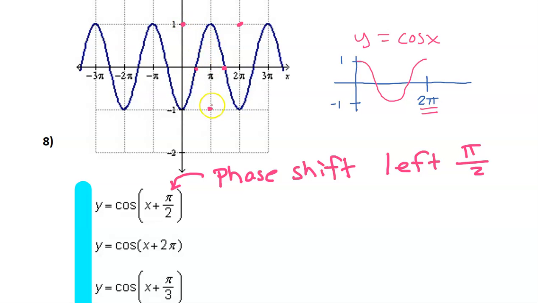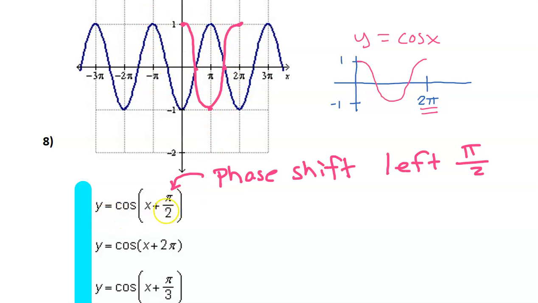It's a little skinny to draw, a little tricky, so don't laugh at me. But this is the idea. That is what the parent function would look like on this grid.